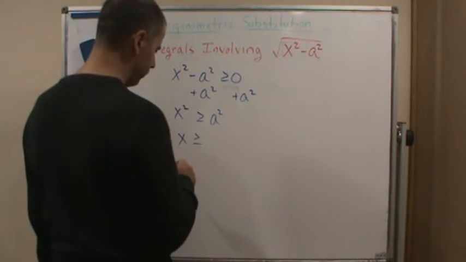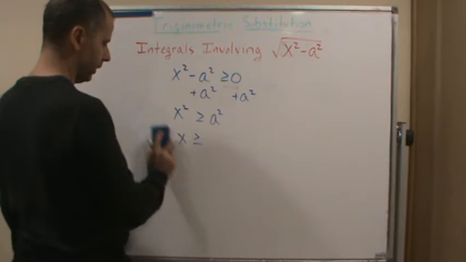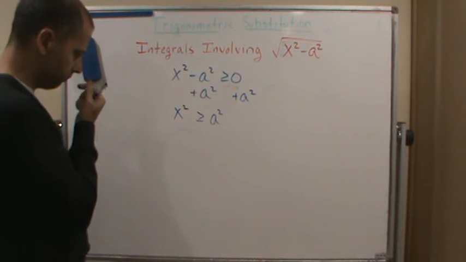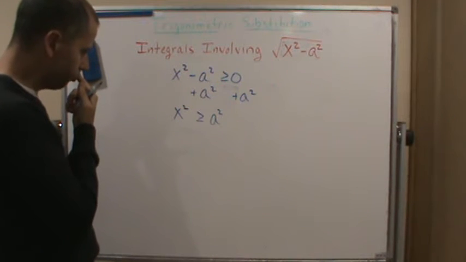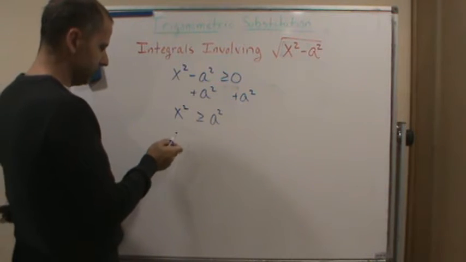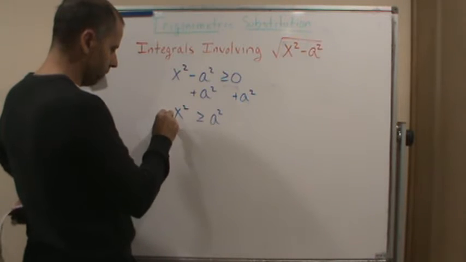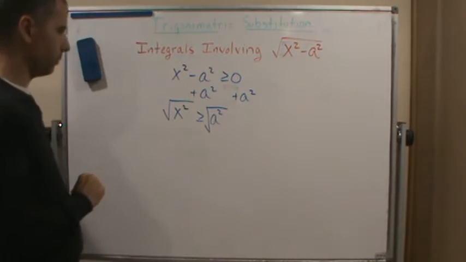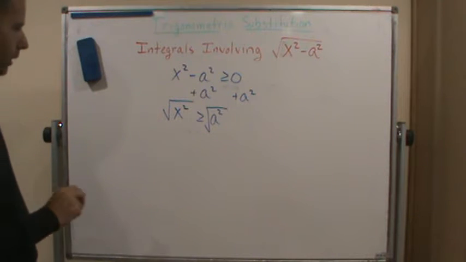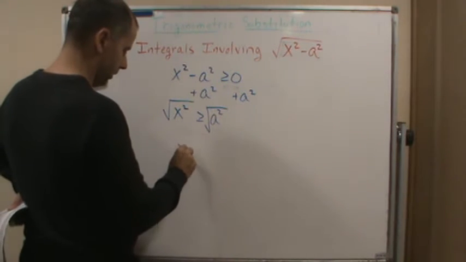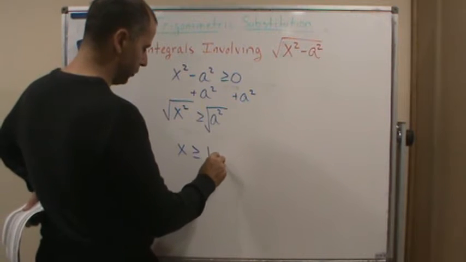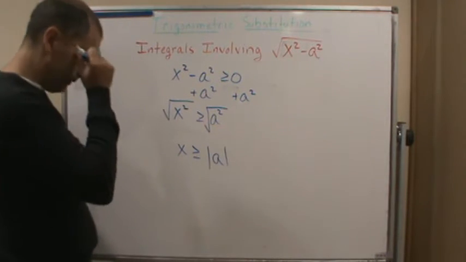But we have to be careful here because there's a plus or minus. That means x is greater than or equal to the absolute value of a.